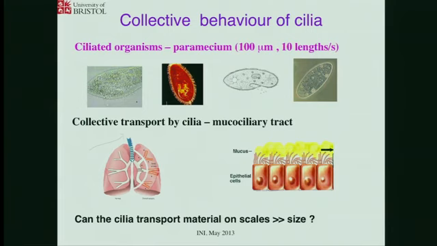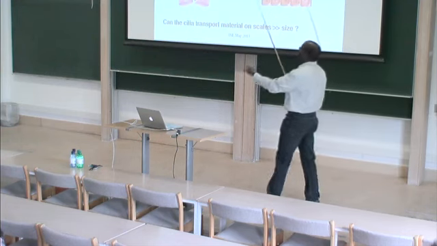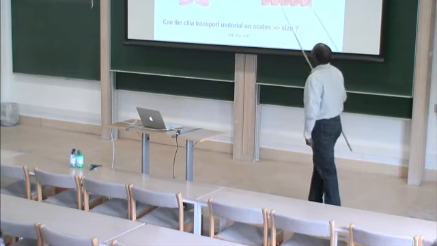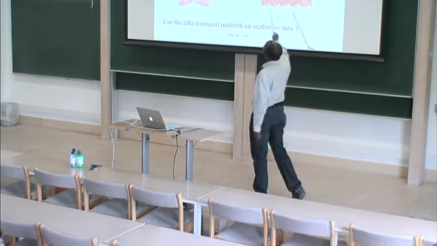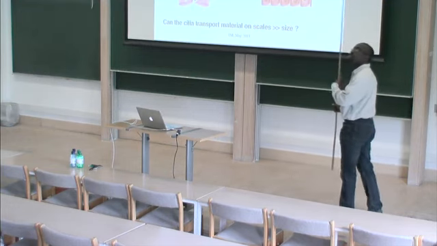So, cilia are long, active filaments which go through some sort of cycle, and are used by ciliated organisms to swim, like paramecium, but also useful for example for the mucus in our lungs.